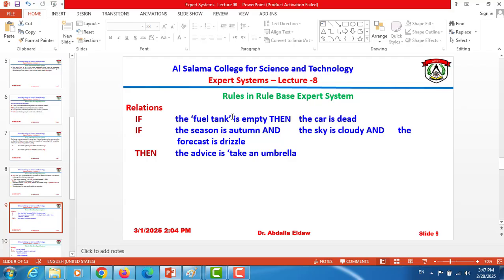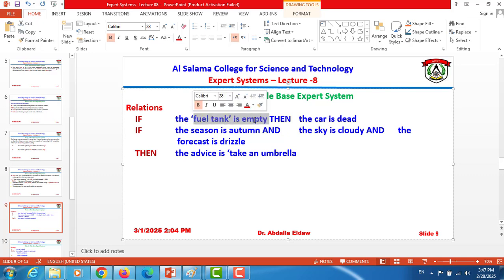For example, here in the first part of the if, you can easily put fuel tank is empty as X, and the car is dead as Y. If X is true, then Y, and so on.